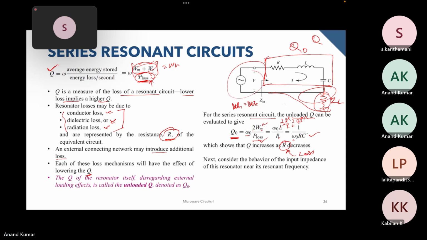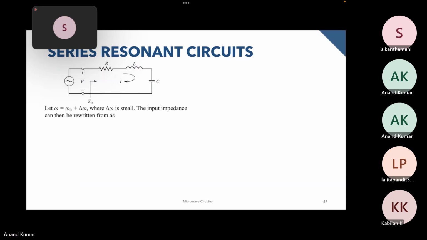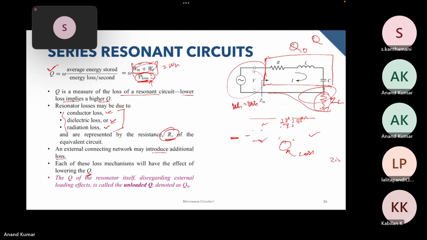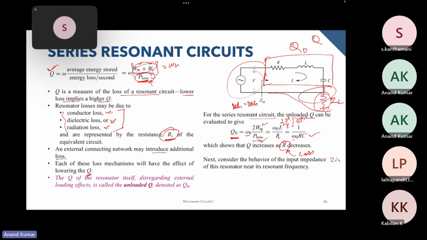Next, we'll consider the behavior of the input impedance Zin. So one more thing to look at. Maybe I'll pause over here, and if you have any questions regarding what we discussed. We discussed the input impedance, the power dissipated, the energy present in the inductor and capacitor, and the dissipation across the resistor.